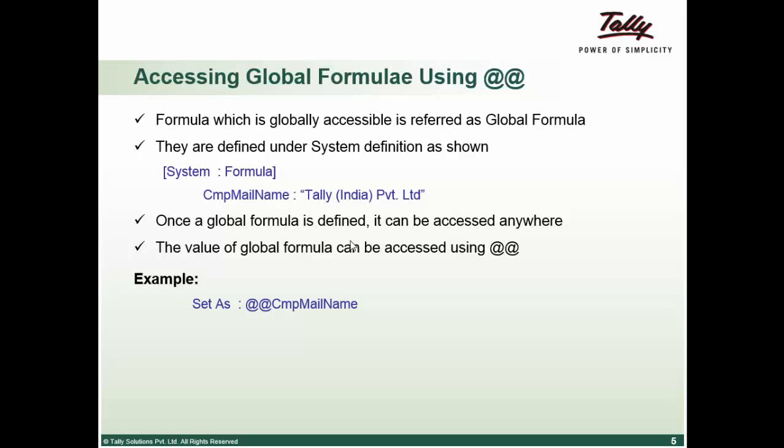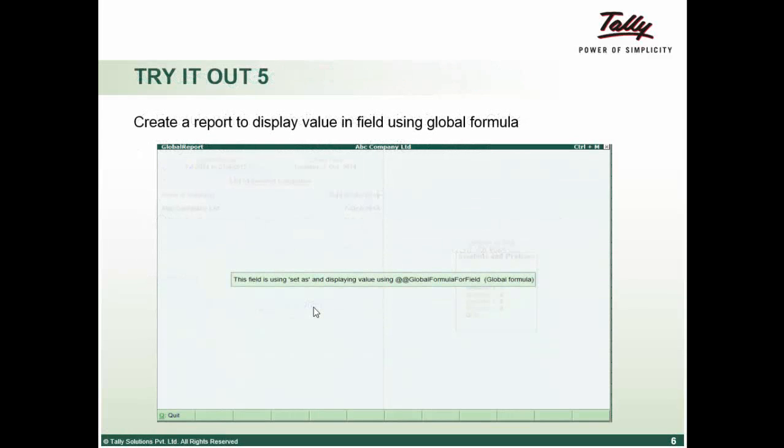The value of the global formula can be accessed by using the symbol prefix double at. Hence, when you need to write a global formula, it has to be written under the definition type system: formula CMP mail name, and this becomes your formula. So wherever you call this formula, it will come as its output. Then again you can just write your code on this. It's a sample that you can write out.